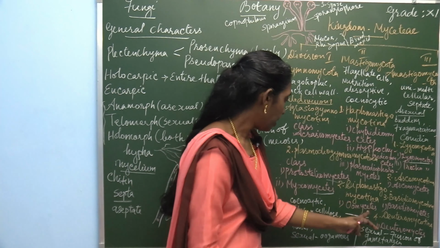These fungi are cenocytic, that is multinucleated and aseptate, and the cell wall is made up of glucan and cellulose.